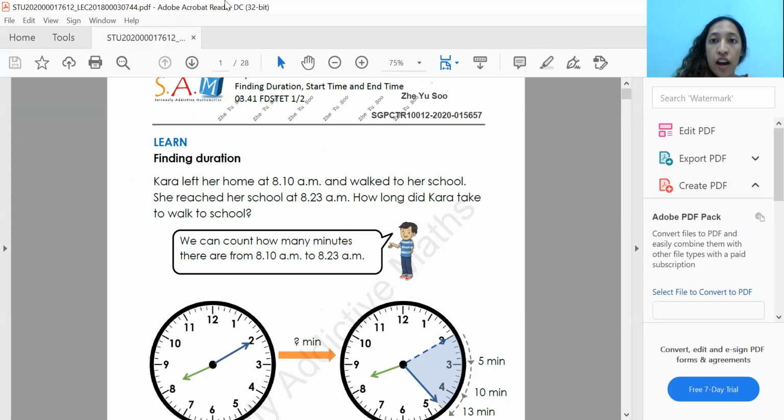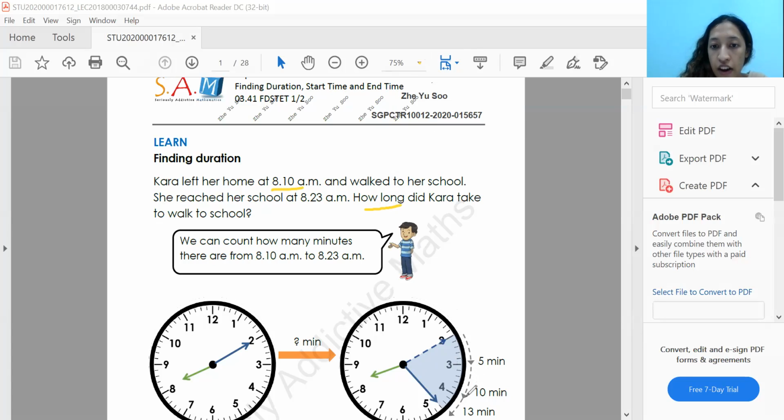So basically here they're asking you for the duration, correct? How long? So she left her home at 8:10, and then she reached school at 8:23. So let us see over here. From 8:10, 5 minutes later would be 8:15, correct?